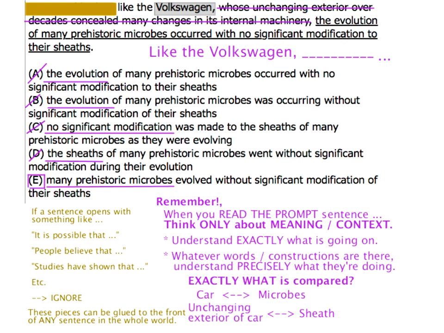Volkswagen is not what I would call exotic knowledge, because just about everybody knows what that is. But on the off chance that you don't, if I replace this with something, it's not just noun to noun. That's not good enough, because the sheath is also a noun. So you have to understand context.